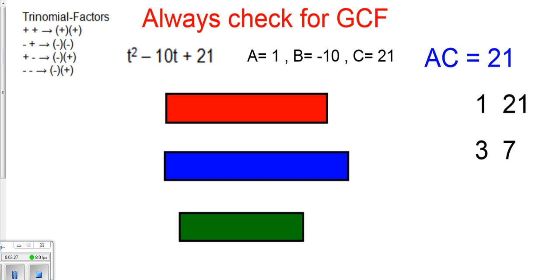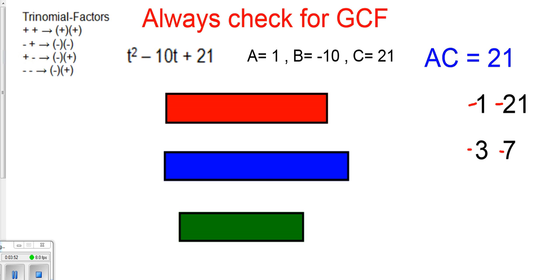Because we're looking for a negative 10, and this number here was positive, that means either these are both positive, because positive times positive is positive, or they're both negative, because negative times negative would make a positive. Because we need these to add up to a negative, these have to be negative.